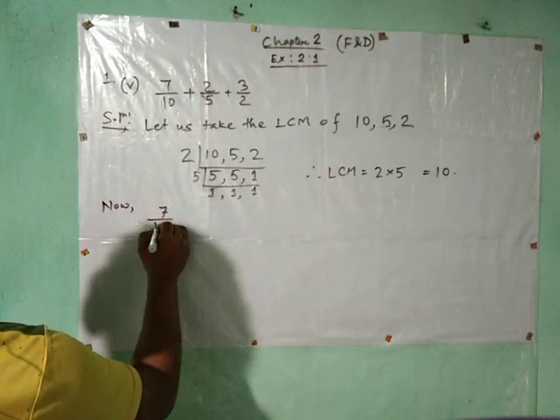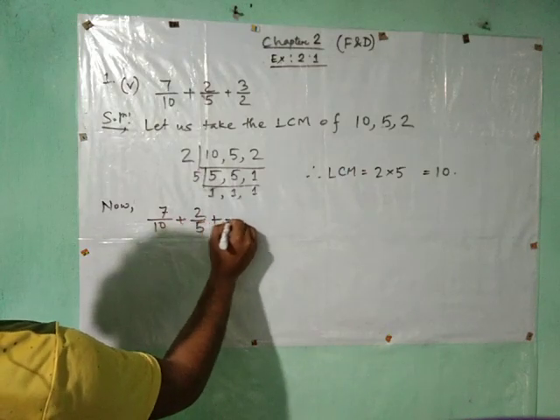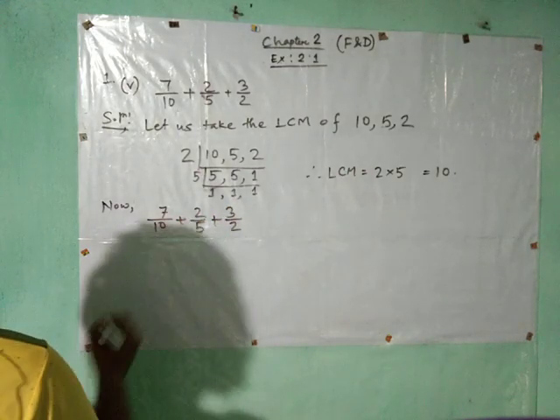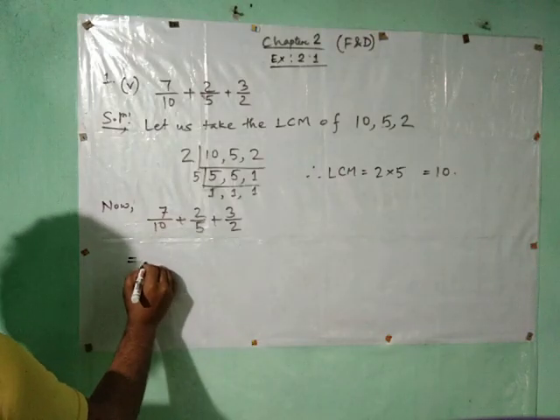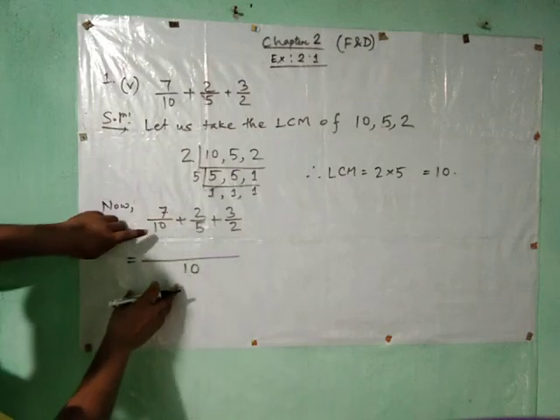Now, 7 by 10 plus 2 by 5 plus 3 by 2 equals, take the LCM, 10. Now how will you solve it?